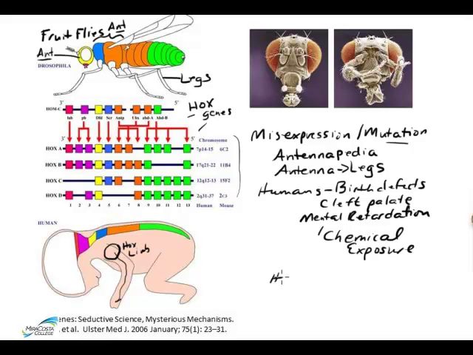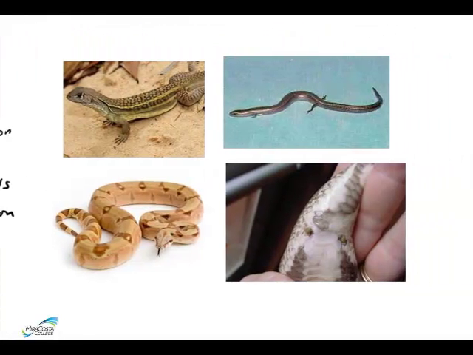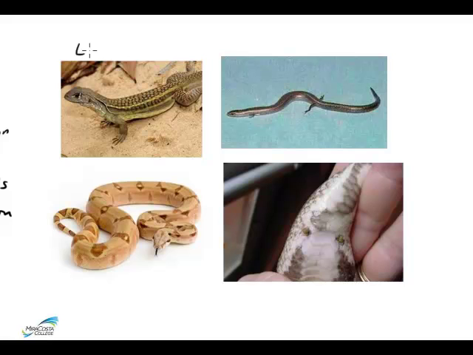So mutation in Hox genes can be a driving force for new species, new variations that natural selection can act on, and therefore an important driving force for evolution. A good example of that is a mutation that did exactly this, but in reptiles, right?